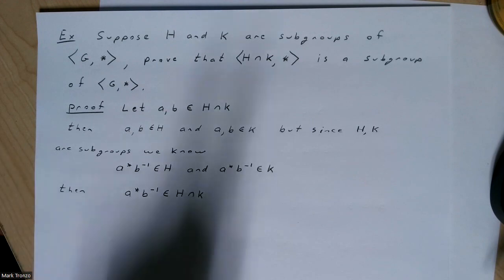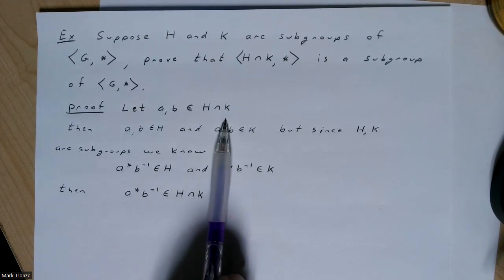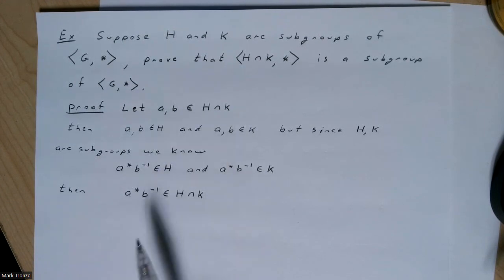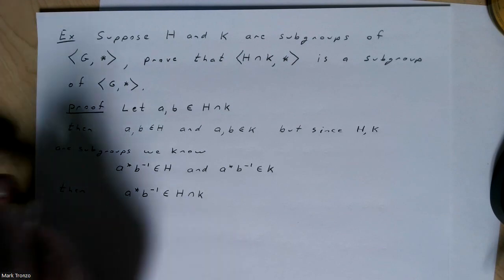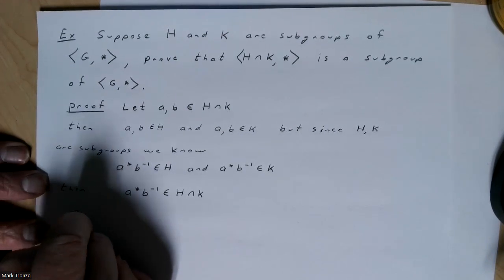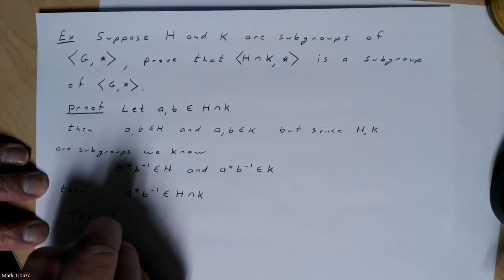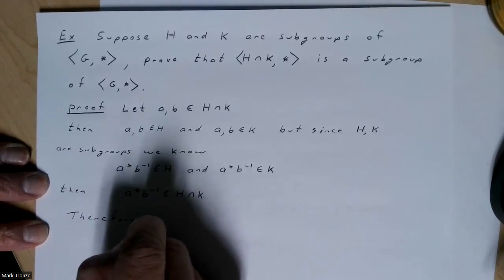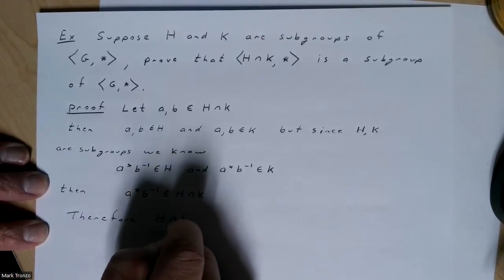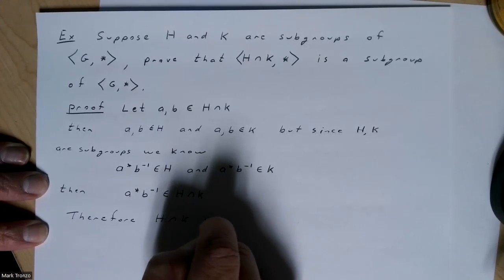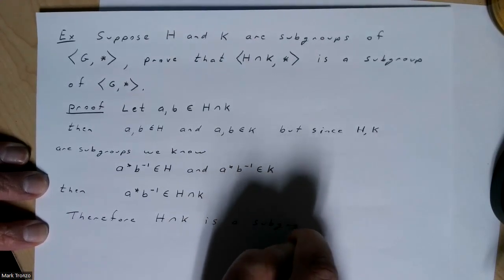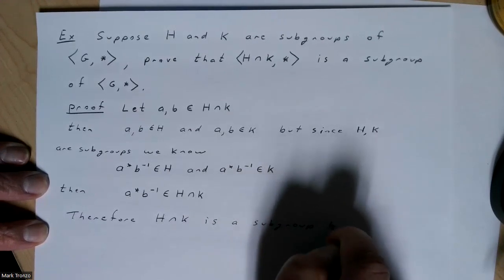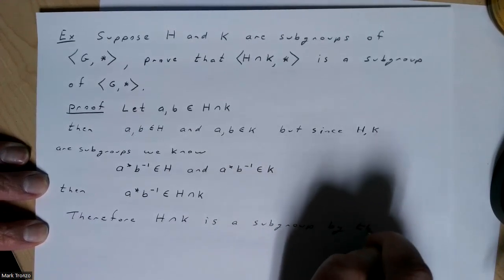We picked two typical elements in H intersection K and proved that A star B inverse was in that intersection. Therefore, H intersection K is a subgroup by the subgroup test.